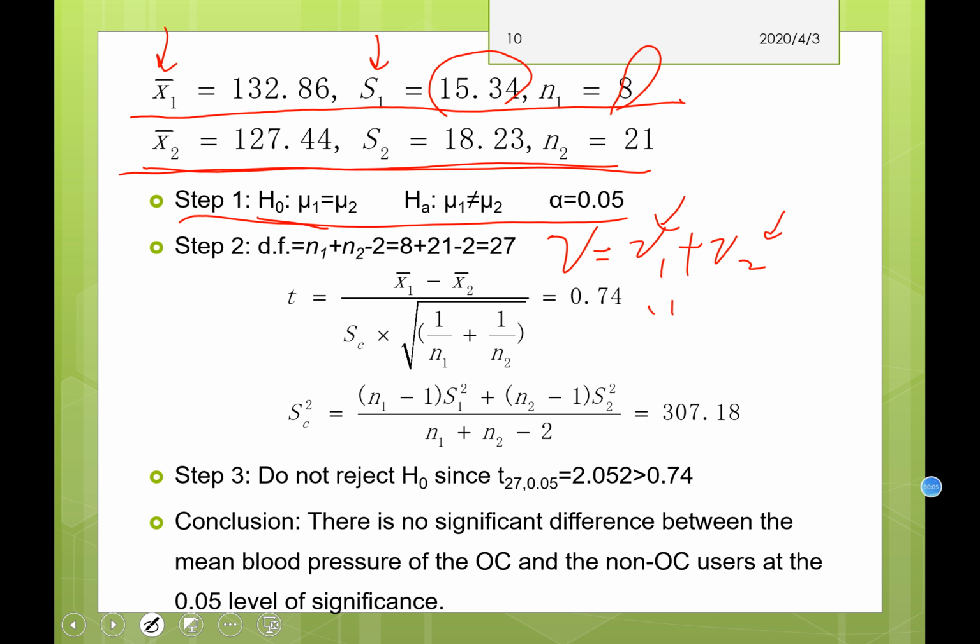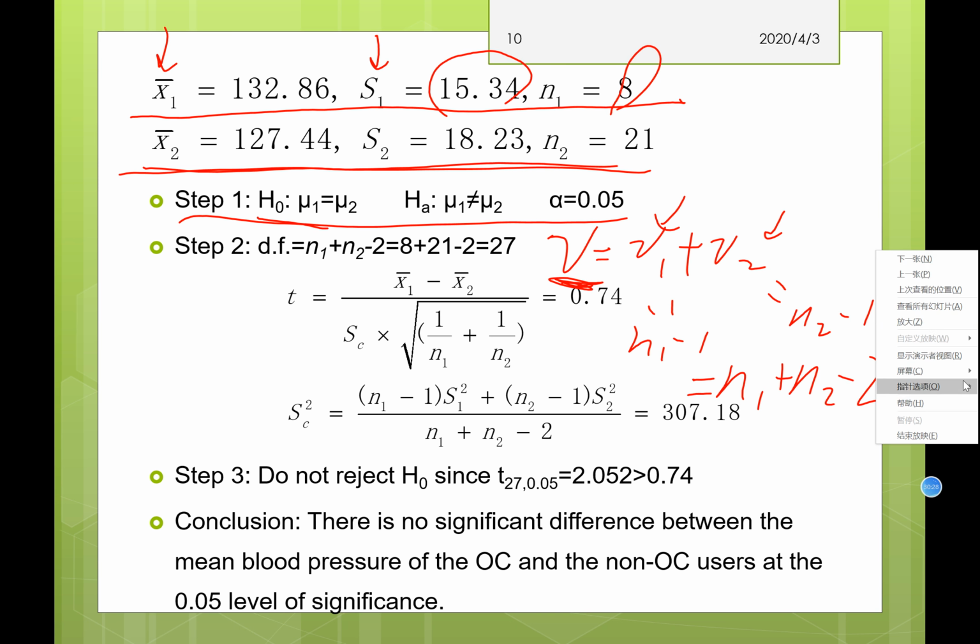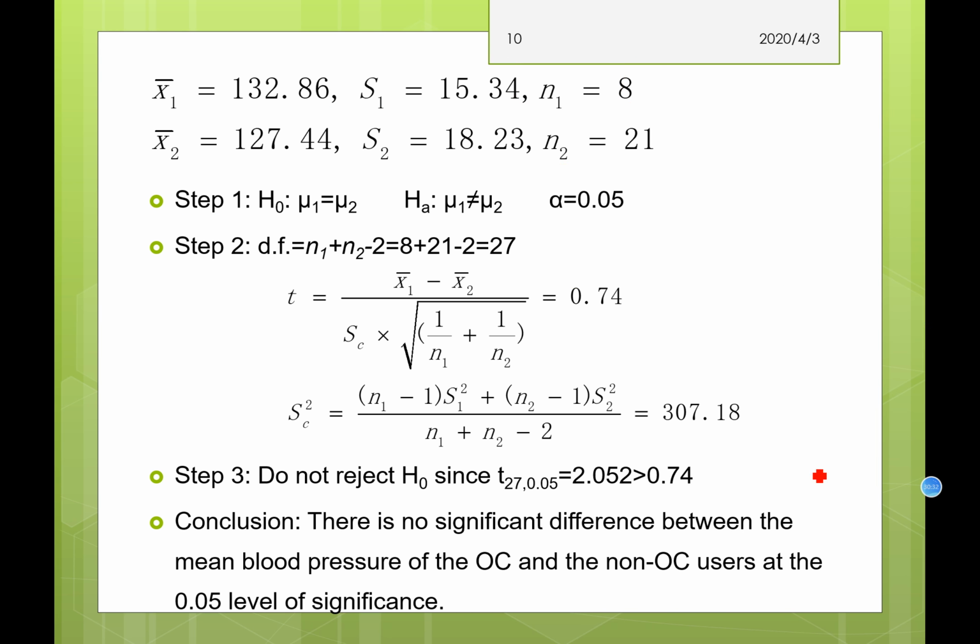So nu1 equals n1 minus 1 and nu2 equals n2 minus 1. So it's still n minus 1, but we can notice that nu equals n1 plus n2 minus 2. So that is very special. Okay, let's clean it because I have no space.